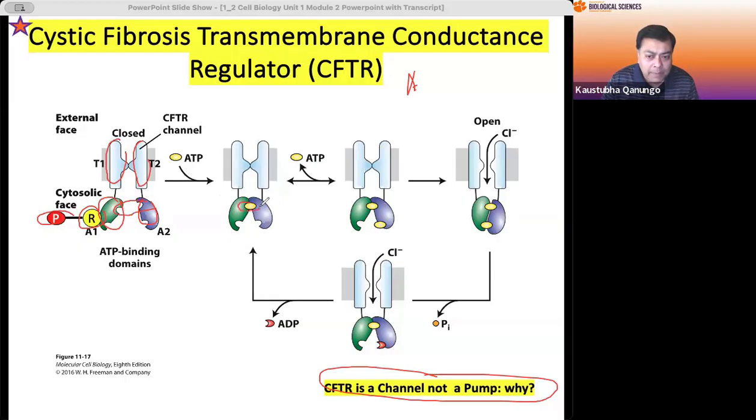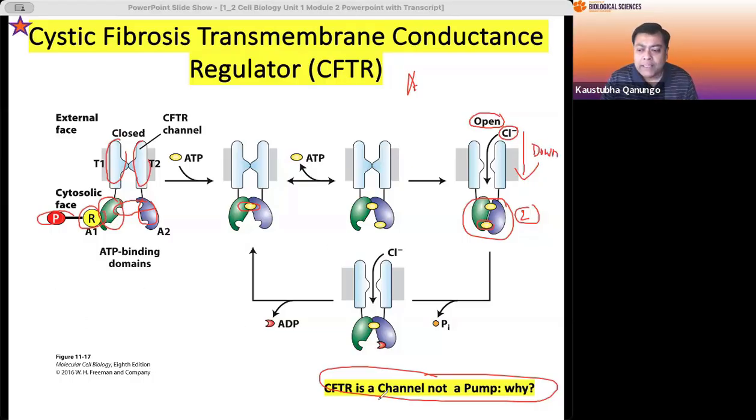This is one of the ATP binding sites. And then another ATP binds to the next site. At this time, the channel actually opens. So as long as these two ATPs are bound to these ATP binding domains, the channel is open, and the chloride is moving down the concentration gradient and not up.